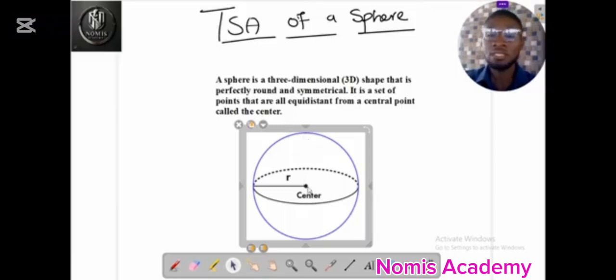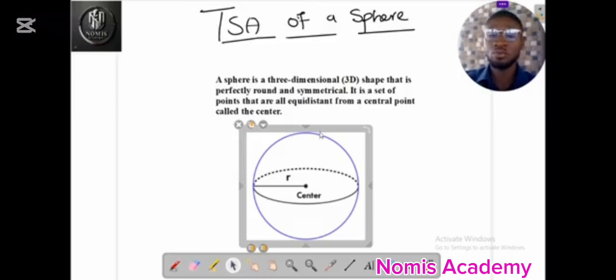But in the case of a sphere, from the center to any point on the circumference, it is equidistant. So that is what a sphere is.